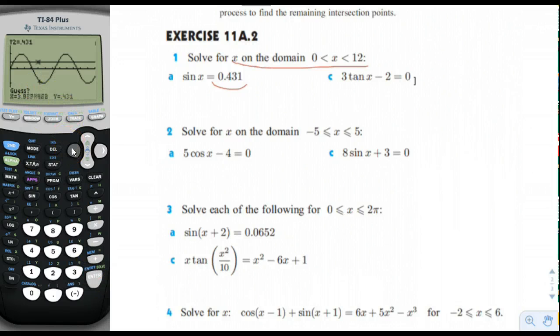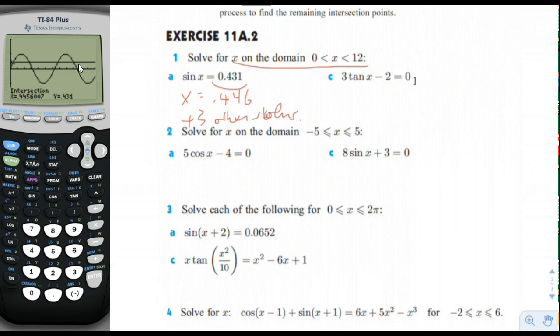And then you want to put the cursor as close as you can to the first intersection. Doesn't have to be exactly on top, but close to it. And then it finds it. It says that the intersection is at x equals 0.446. And then there are 3 other solutions.